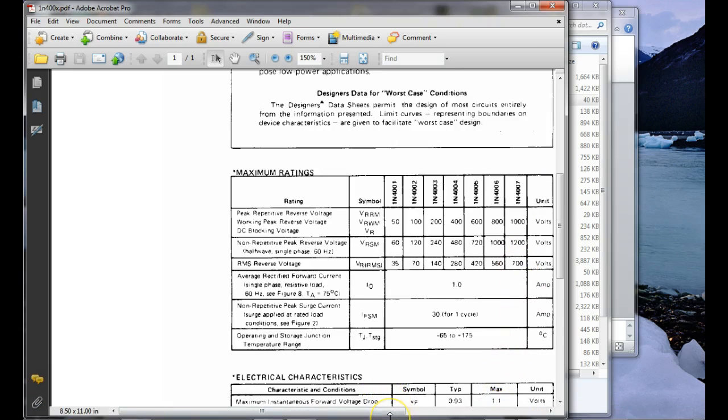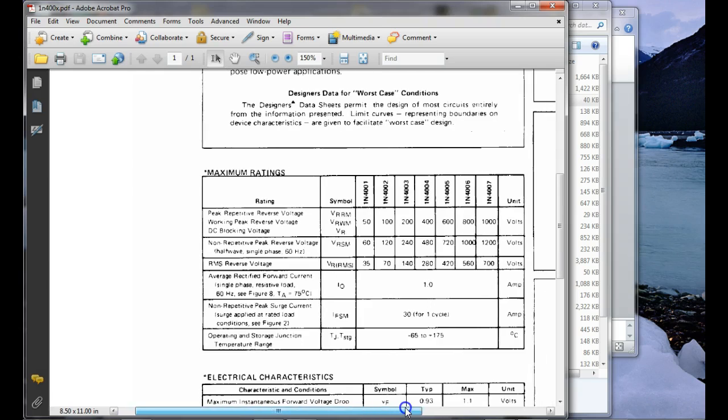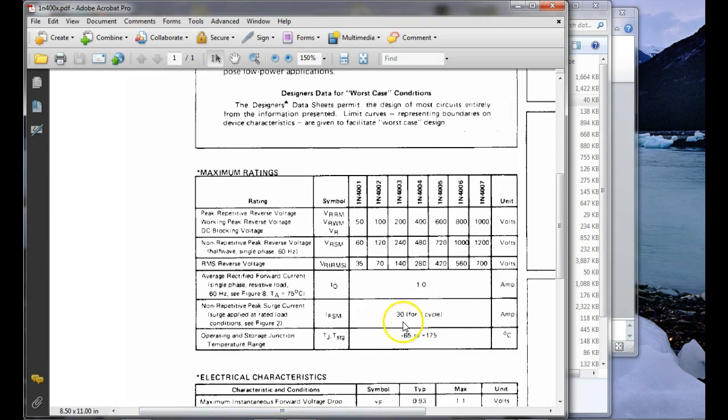But what allows us to charge these capacitors is this one right here, IFSM. This one's rated at 1 amp, but it can handle 30 amps, right? Non-repetitive surge current. You've got to understand, when a capacitor is discharged, it's almost like a short circuit, right?